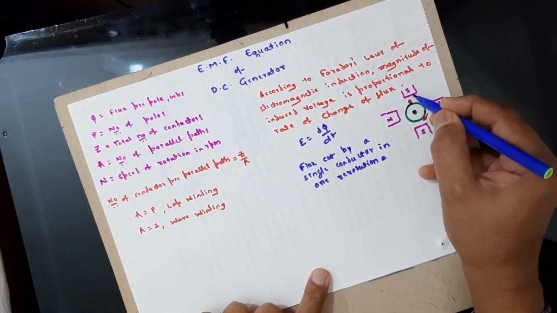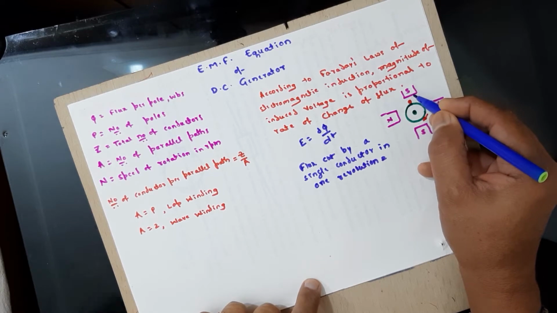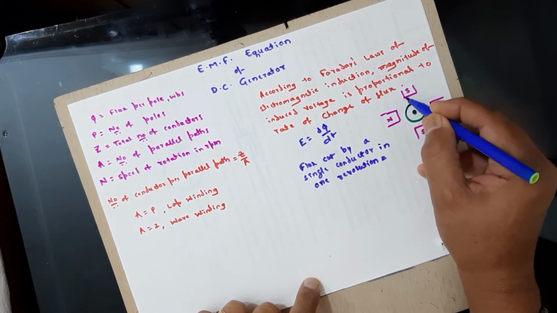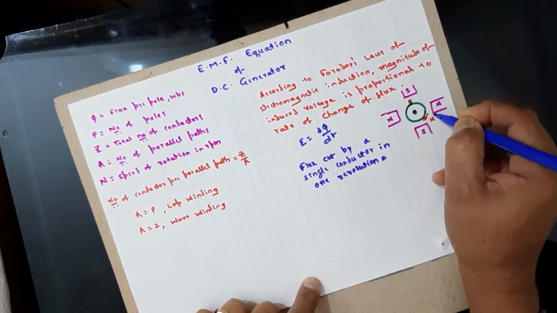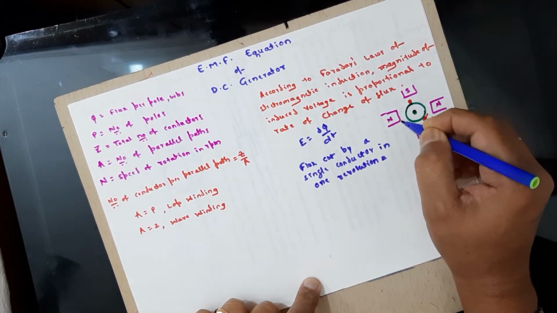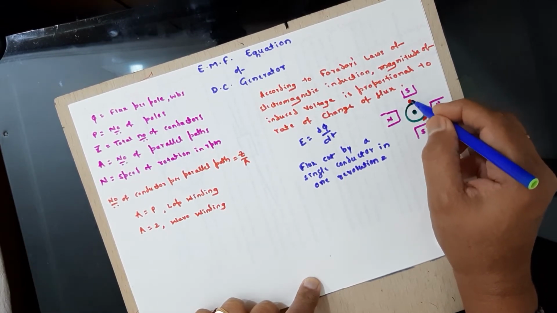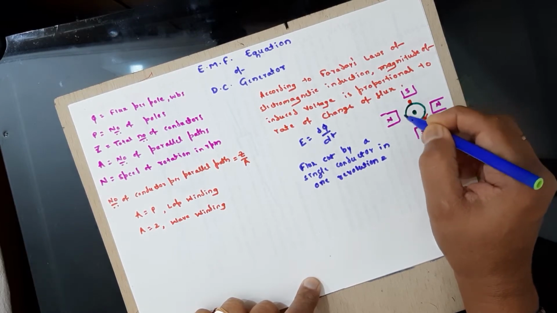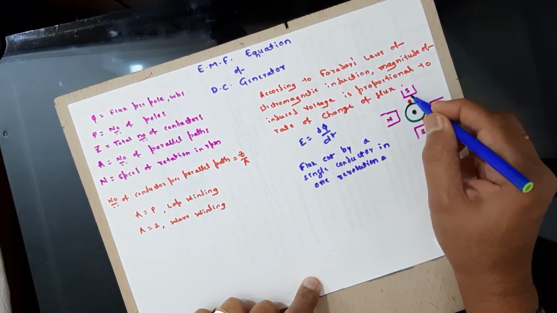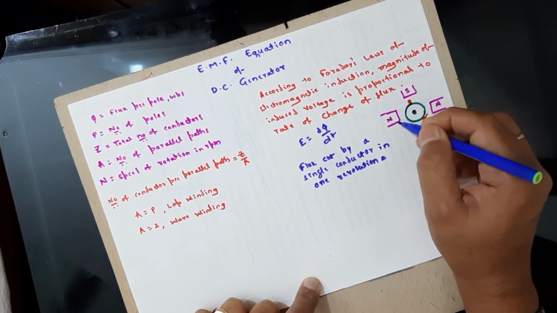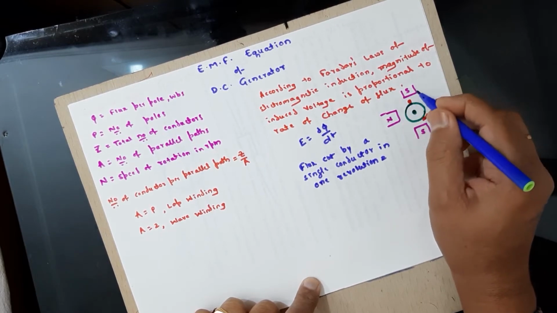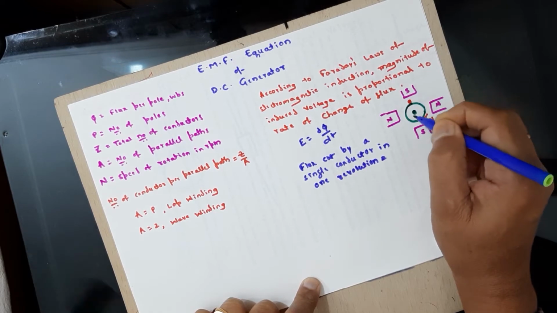Each pole is producing a flux of phi webers. That is, it is cutting phi webers here, phi webers here, phi webers here, phi webers here. What is the total flux cut by a single conductor in one revolution? That is 4 times phi. Since there are 4 poles, the flux cut is 4 into phi.